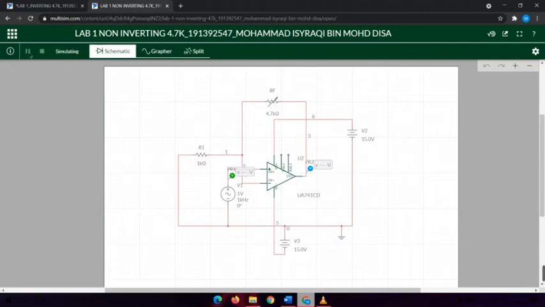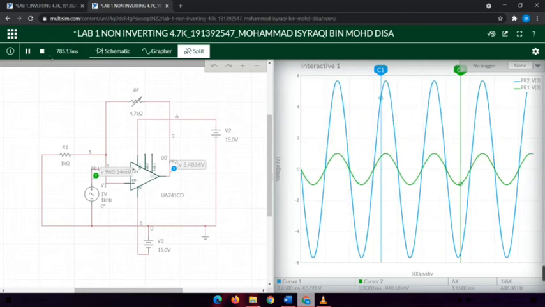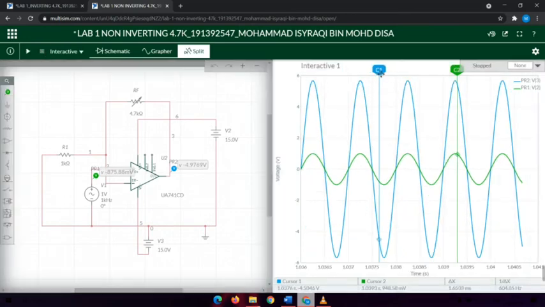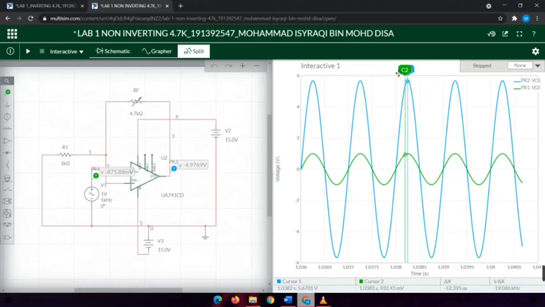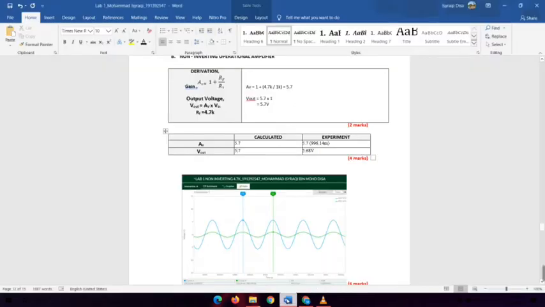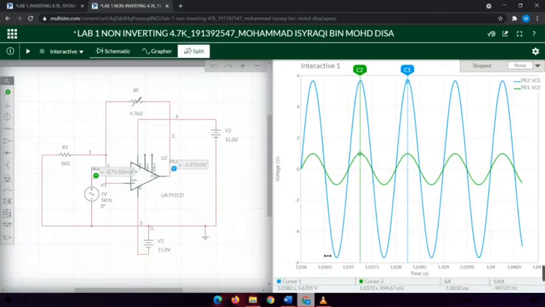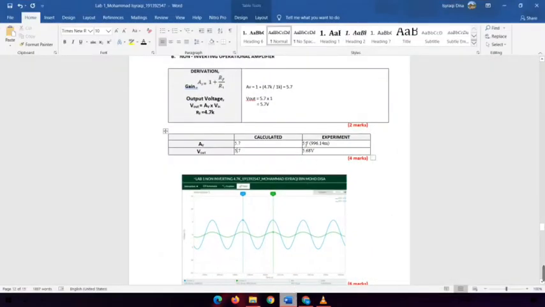We are going to simulate. For Vout we get 5.67, which is slightly the same as the calculated value of 5.7 volt. For the gain, 5.67 divided by 994.67 and we get 5.7, the same as the calculated value for gain.